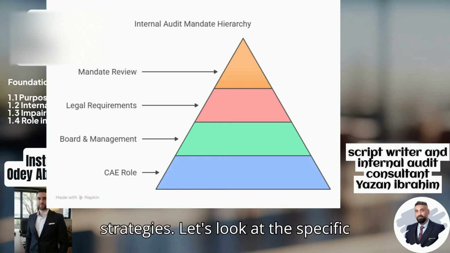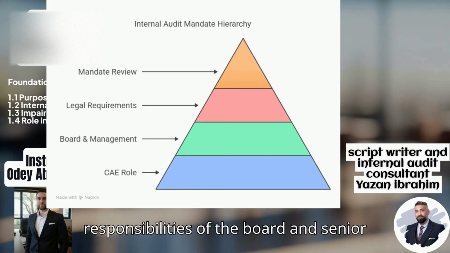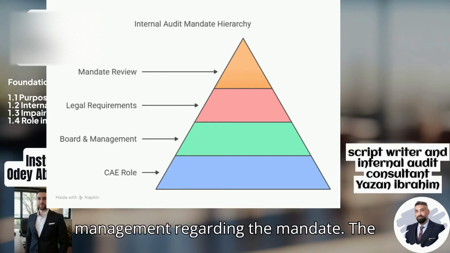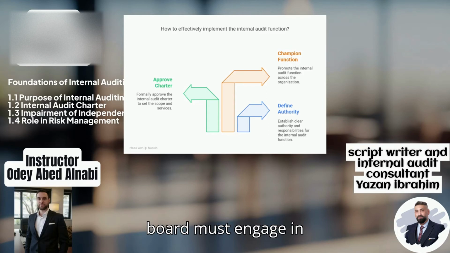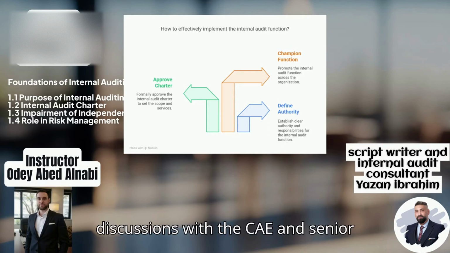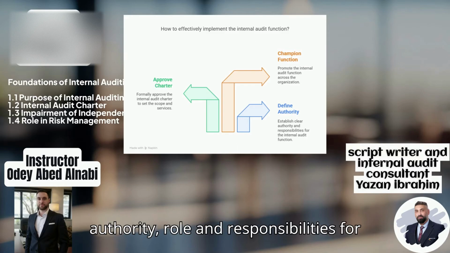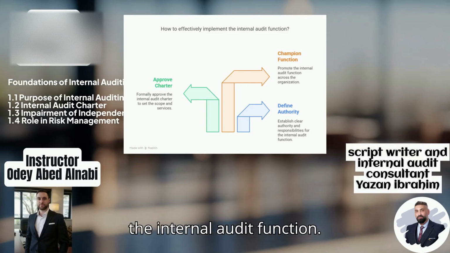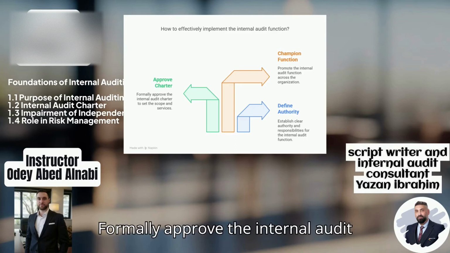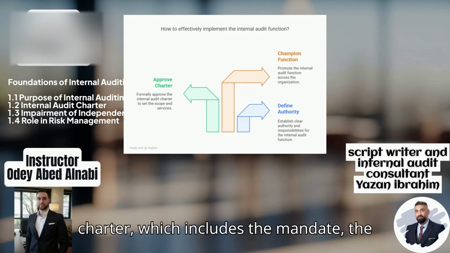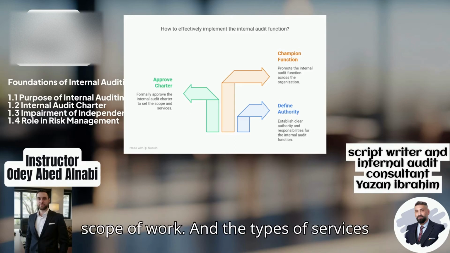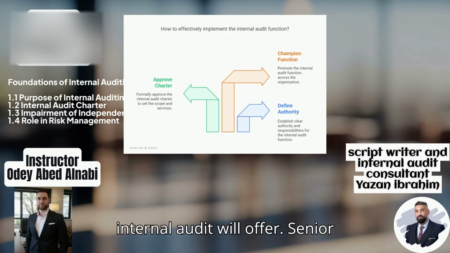Let's look at the specific responsibilities of the board and senior management regarding the mandate. The board must engage in discussions with the CAE and senior management about the appropriate authority, role, and responsibilities for the internal audit function. Formally approve the internal audit charter, which includes the mandate, the scope of work, and the types of services internal audit will offer.